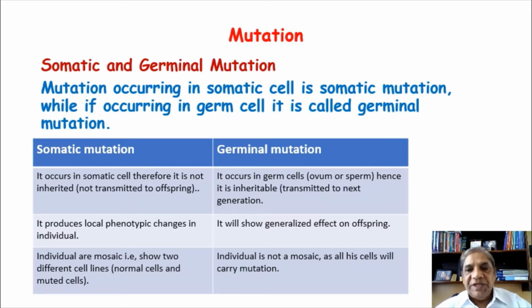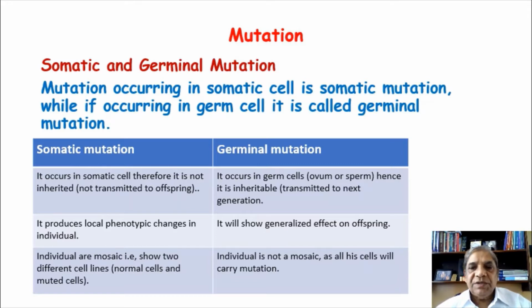So if a change or mutation is taking place in a germ cell, that is germline mutation, and if the gene changes are taking place in the somatic cell, it is somatic cell mutation. I have repeated it just for your benefit.